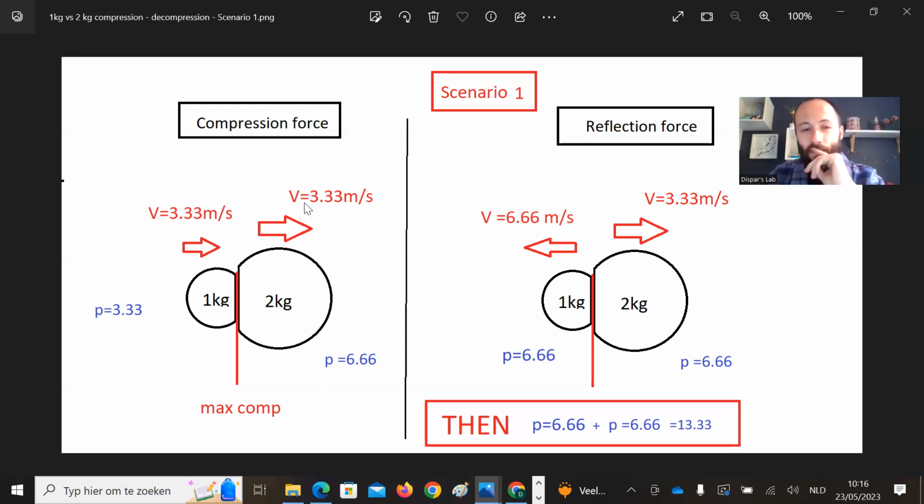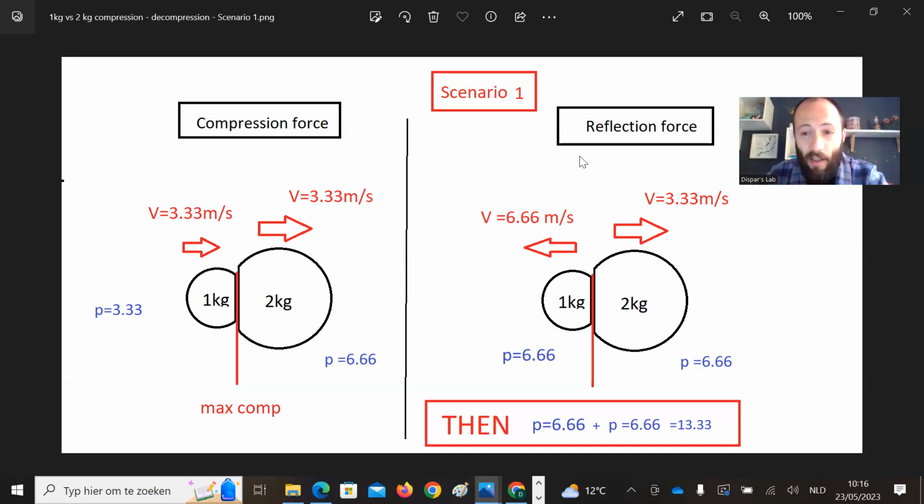It first has to decrease to 0 and then increase to 3.33. All right. The 2 kilogram is 3.33 plus 3.33, 6.66. That's going to be the eventual velocity. That's according to the conventional prediction. 6.66 for the 2 kilogram, 3.33 for the 1 kilogram in the opposite direction.